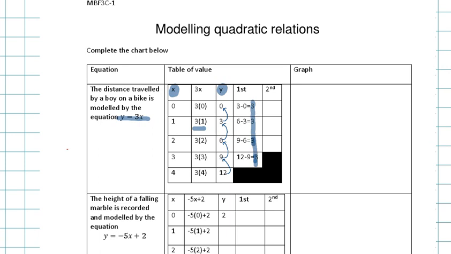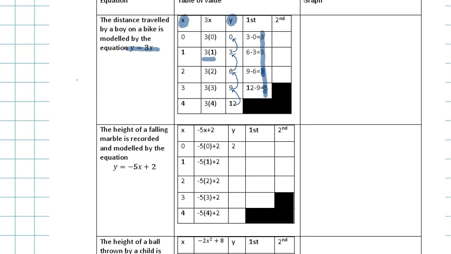That tells me that it's a linear function. Okay? So the first difference is constant. Therefore, it's a linear function.